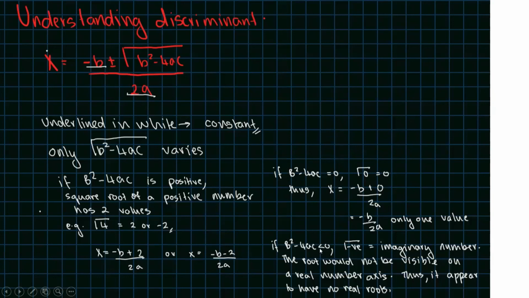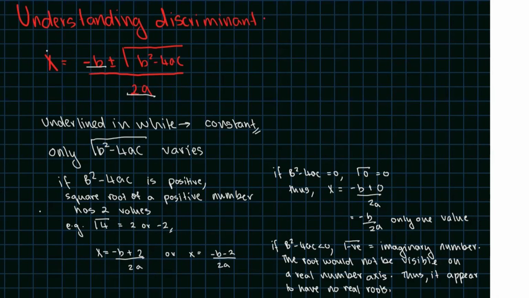And then the other case is if b squared minus 4ac is less than 0. If you punch in the square root of a negative number, you will get an error or an imaginary number in your calculator. An imaginary number is i, and i equals the square root of negative 1. This is not in the AS syllabus. You'll learn this in A2 next year.